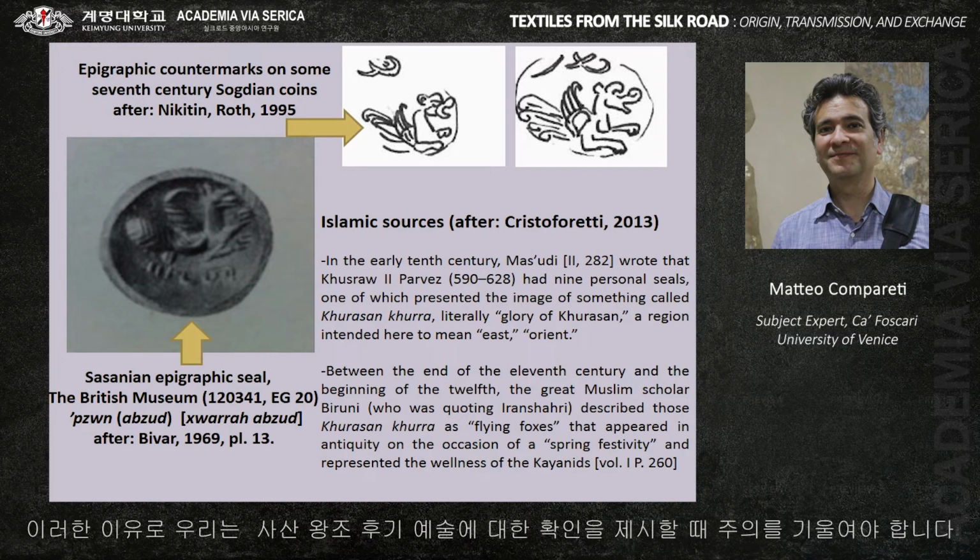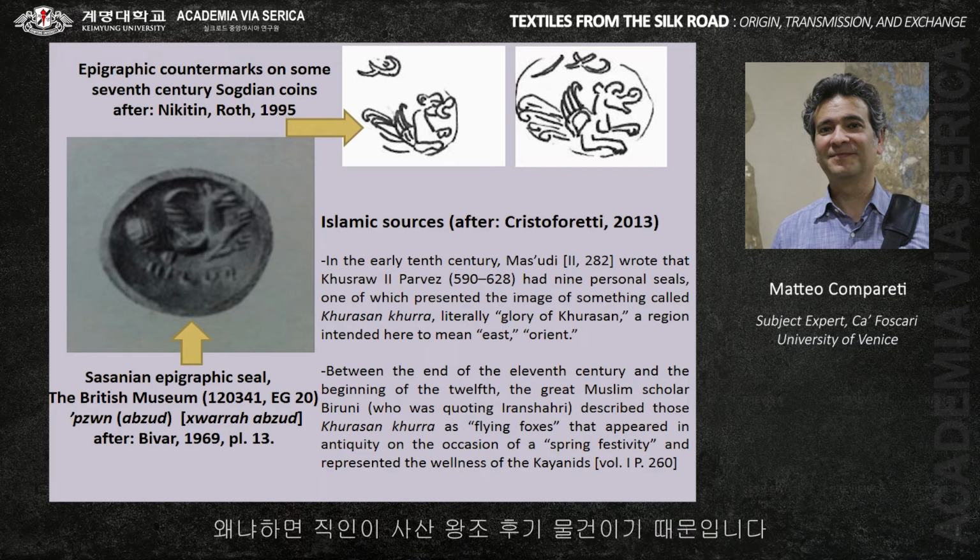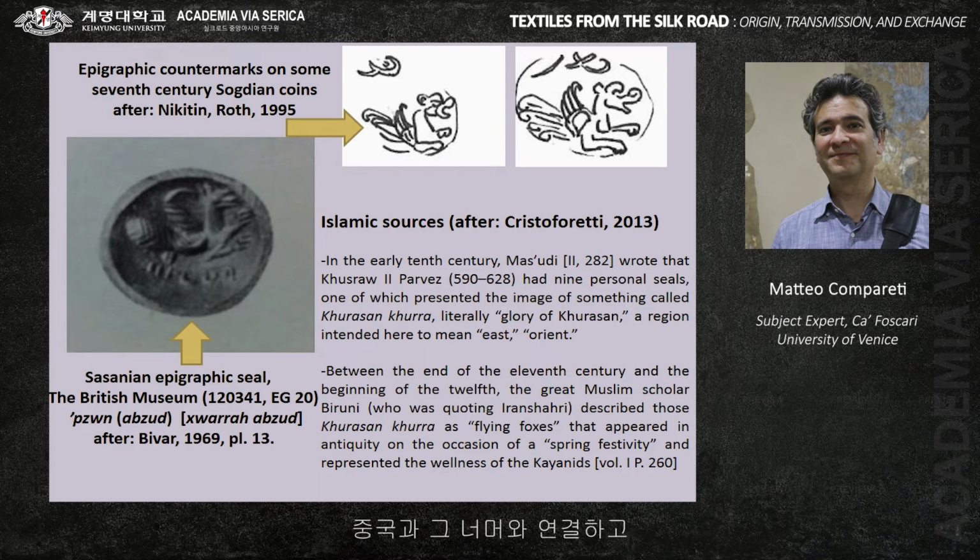So that's why we have to be very careful when we propose identifications about late Sasanian art, because this seal is late Sasanian, and we have to consider that Sasanian Iran was a place where there were many exchanges along the Silk Road, and not only along the Silk Road, which means with China and beyond.